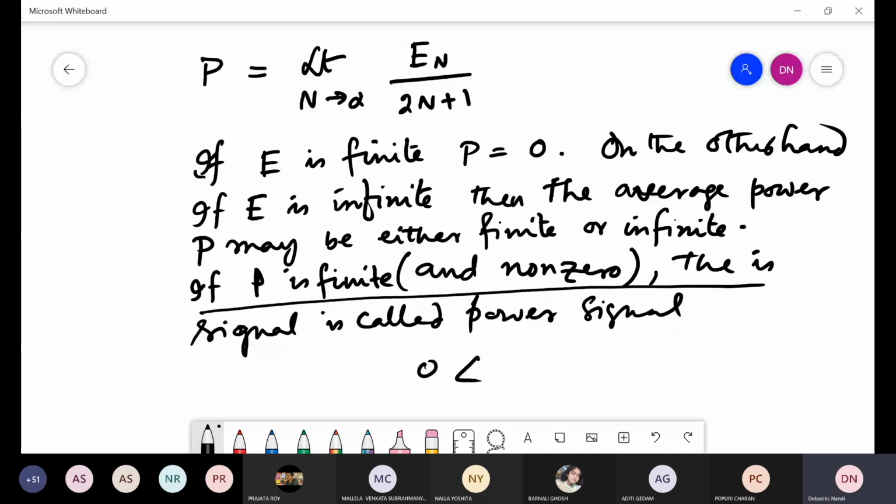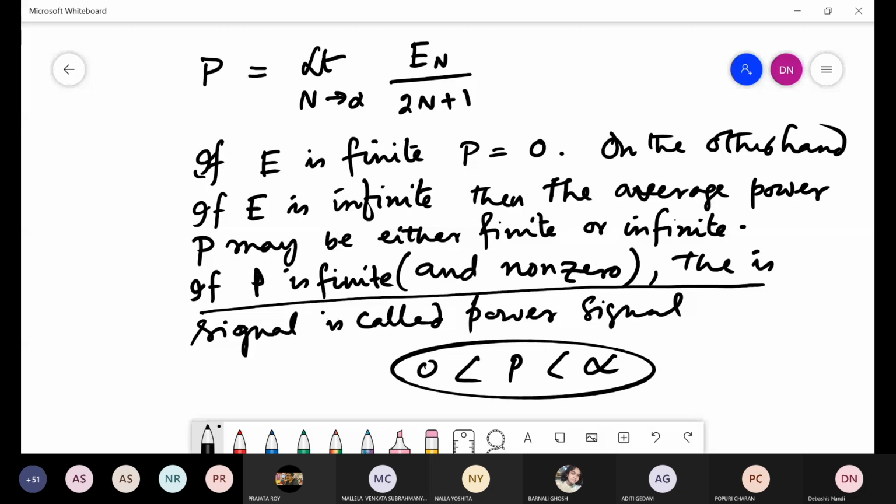That means, once again I am writing this condition: a signal will be a power signal if this condition is satisfied, that is, P is finite.